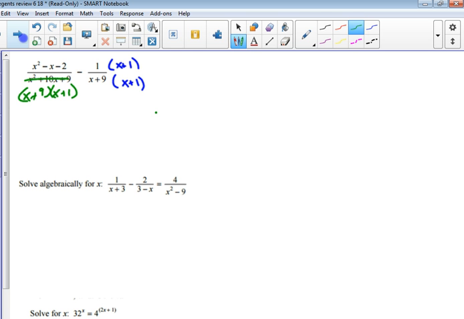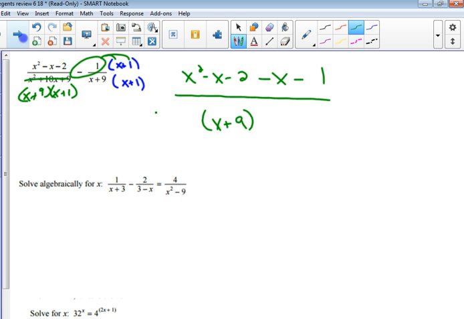Now, once you have your common denominator, you can't cross these out because there's no equal sign. In the top, I'm going to have my x squared minus x minus 2. Please be careful of this. What are you distributing through? Negative. Okay, so minus x minus 1, and the whole bottom is x plus 9, x plus 1.